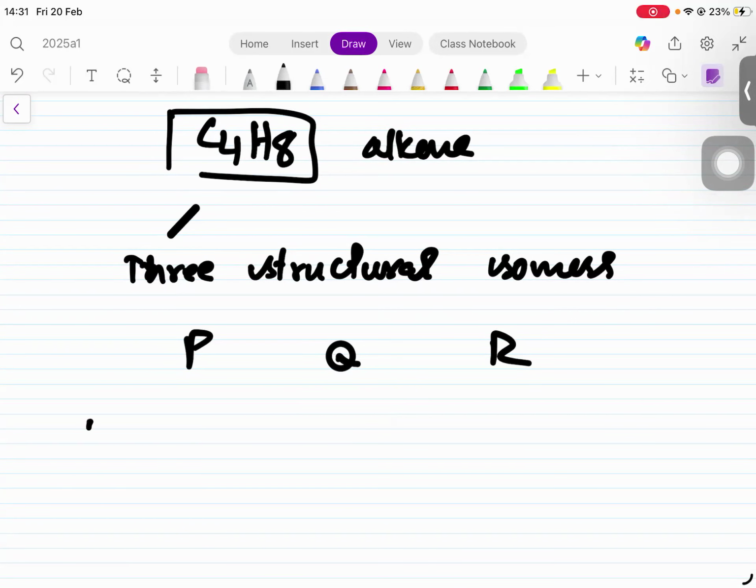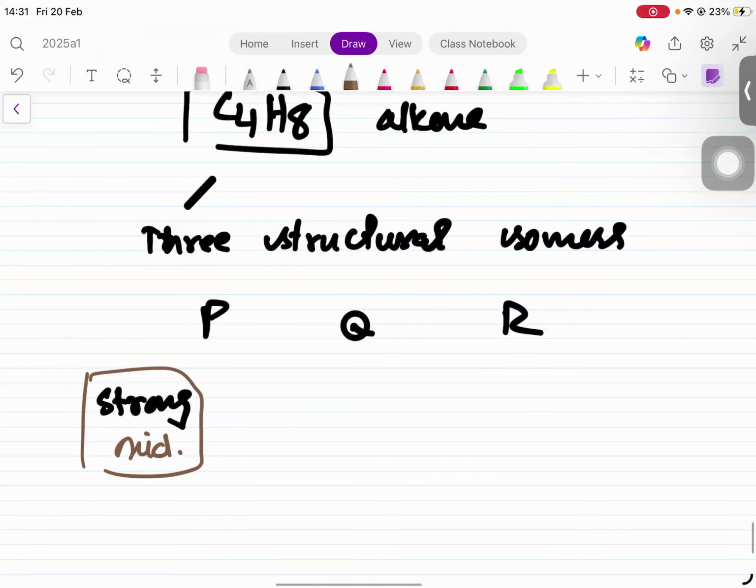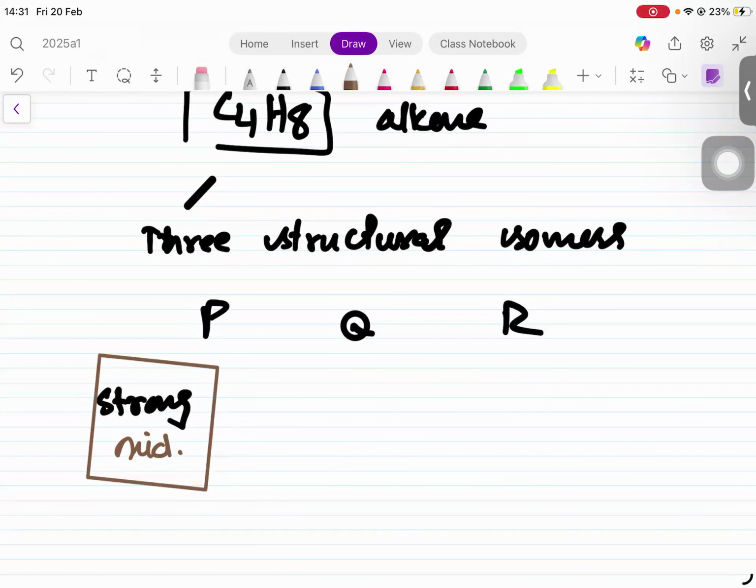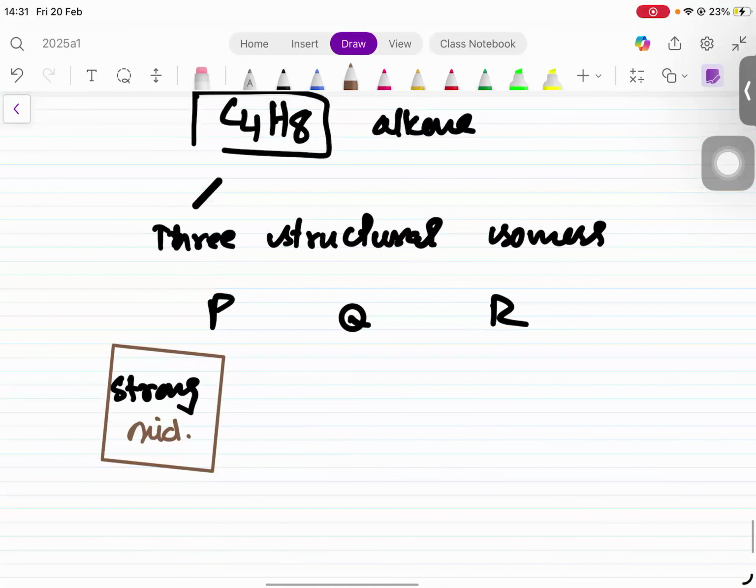When we did the strong oxidation, P gave C3H6O2 and CO2 and H2O.